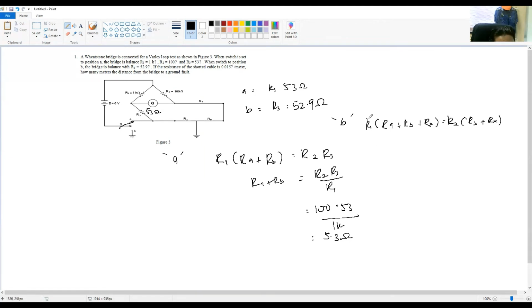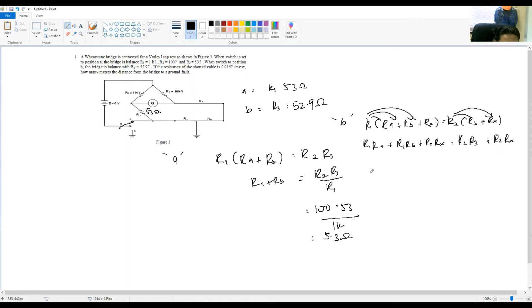Then we can multiply: R1 RA plus R1 RB plus R1 Rx equals R2 R3 plus R2 Rx. After multiplying we can rearrange the equation.